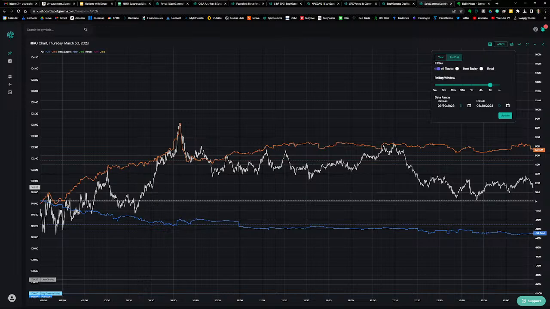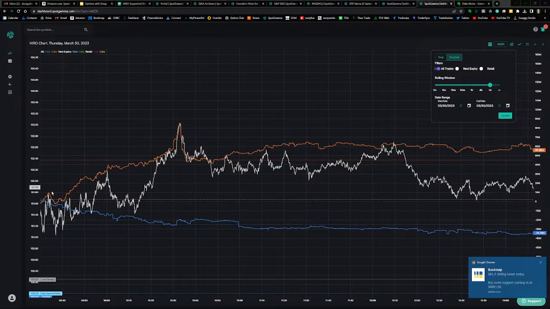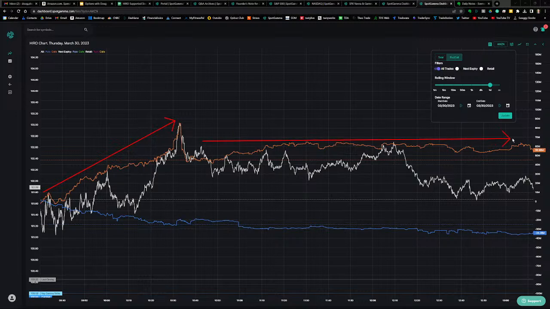Notice how price moves up as long as the traders are buying calls, and then when they stop buying calls, price levels off. Hero basically flattens out and price levels off. So good move right in the morning, first thing in the morning.